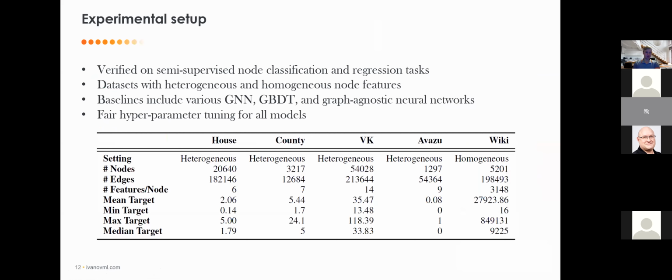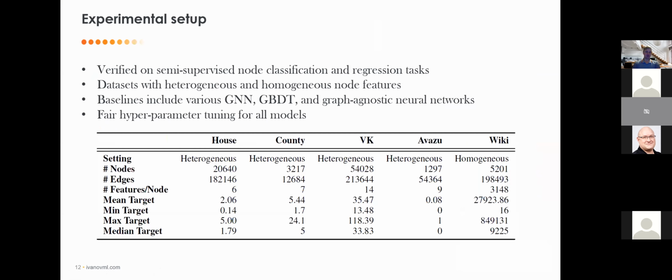Now, with the experiments, we have tried to verify that this approach works on node classification and regression tasks. We used mostly datasets with heterogeneous node features, and we used some of them with homogeneous node features to see what performance it gives on such datasets.